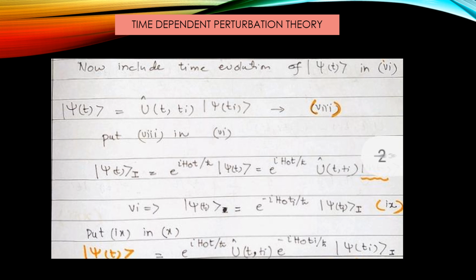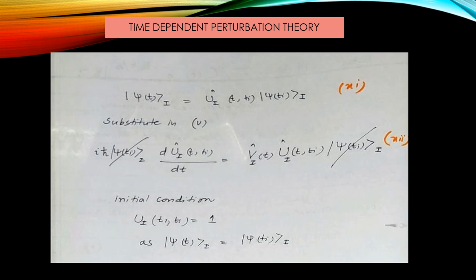Put 8 in equation 6. Doing some simple steps, we have the time evolution of the state vector in the interaction picture from initial time t i, which is also in the interaction picture. Equation 11 again shows the time evolution of the state vector in the interaction picture from the initial state.